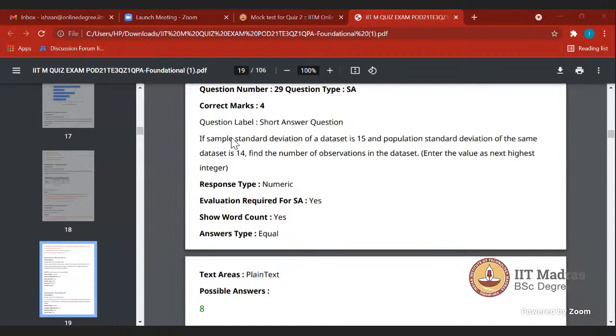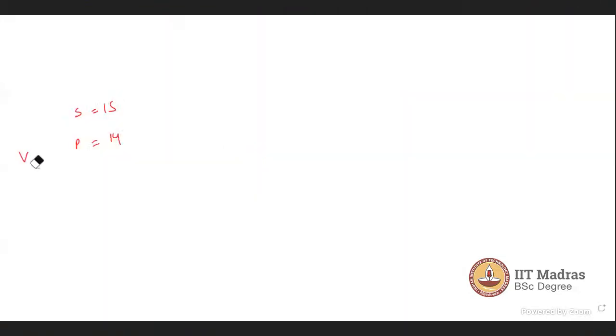Okay, so sample standard deviation. Do you know the formula for variance? It is 1 by n minus 1 summation xi minus x bar whole square, right?